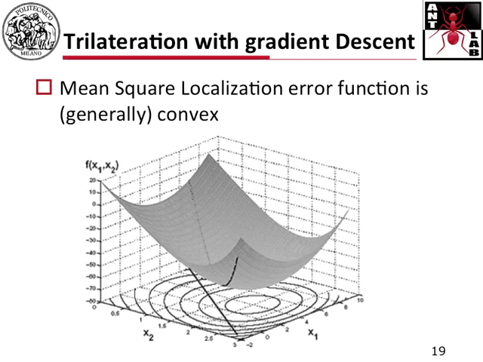And this is the shape of our function. It's kind of a template shape for the error function in the field of localization. And that's why gradient descent always ends up in the deep of this function, in the global minimum.